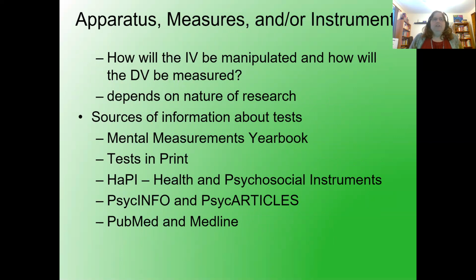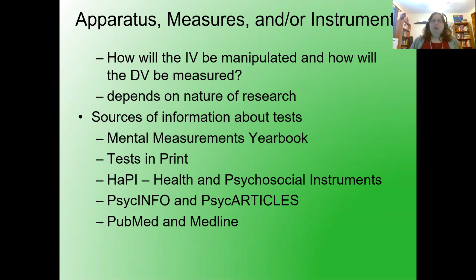The next topic is apparatus, measures, and/or instruments. So how will the IV be manipulated or observed? And how will the DV, or dependent variable, be measured? So we have to figure out what we're doing with our independent variable and what we're doing with our dependent variable. And of course, this also depends on the nature of the research.